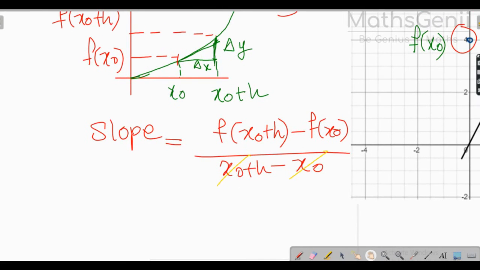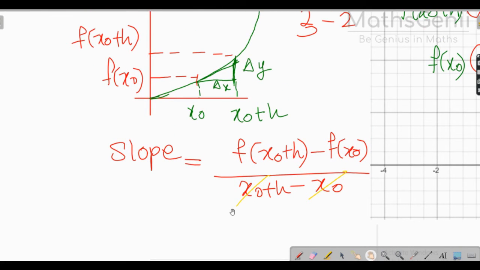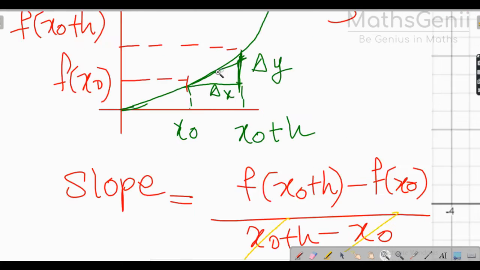Now this is fine, but you will ask me, where does limit come into the picture? So the derivative is nothing but finding the instantaneous rate. Instantaneous rate means at that moment, at that instant.